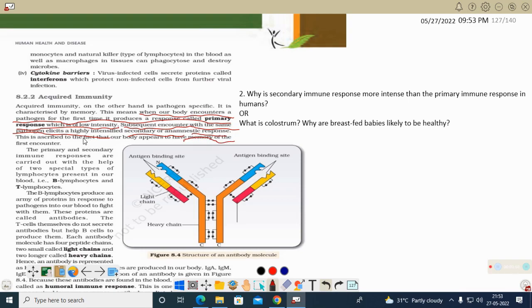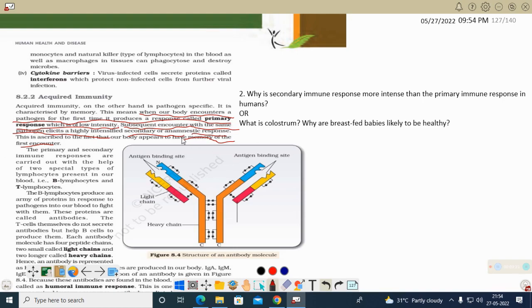This is ascribed to the fact that our body appears to have memory of the first encounter. So when you are answering, you can say: when our body encounters a pathogen for the first time, the immune response is of low intensity, and when the same pathogen encounters the body again, the memory of the first infection is kept in our body, and that memory gives a highly intensified secondary or anamnestic response.